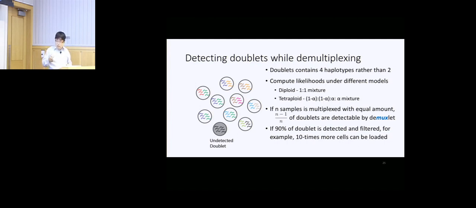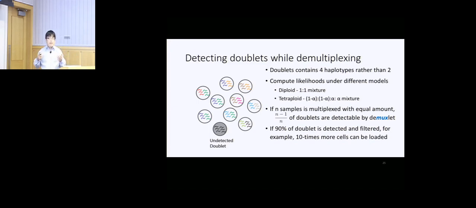Not every doublet can be detected. If there's a doublet coming from the same individual, this genetic barcode itself cannot be used to detect the doublet. But if you multiplex a lot of samples together, most of the cell doublets should come from different individuals.